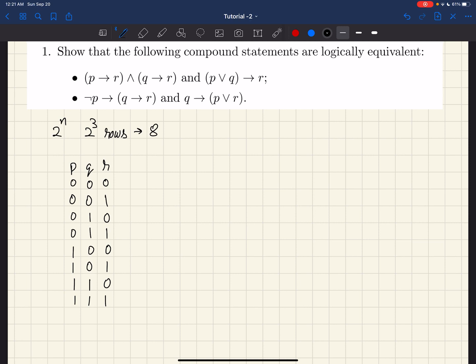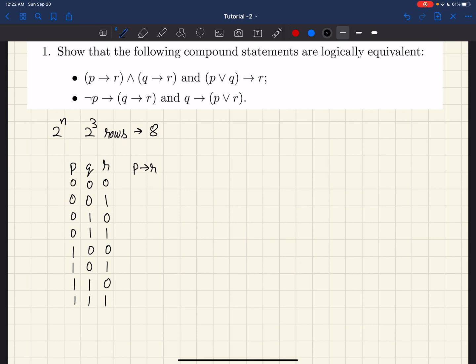The first part in the statement is P implies R. The implication is true whenever the right hand side is true. So whenever R is true here, P implies R will be true. This is also true when the left hand side and right hand side both are true.